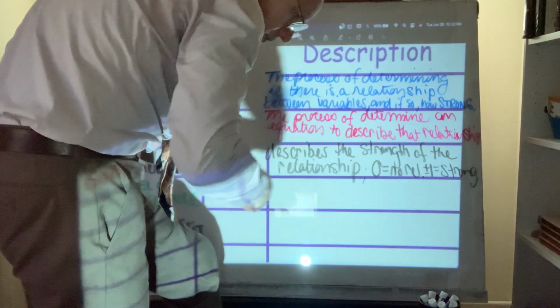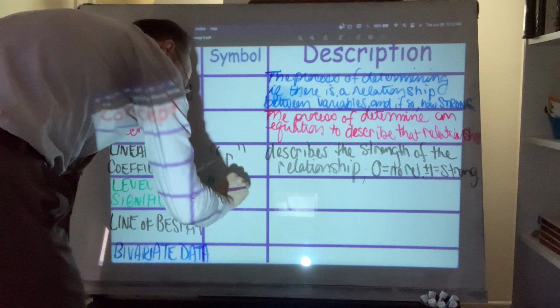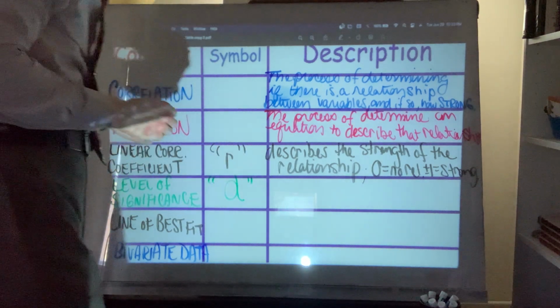Level of significance is symbolized by the Greek letter alpha. It's a little faint, right?